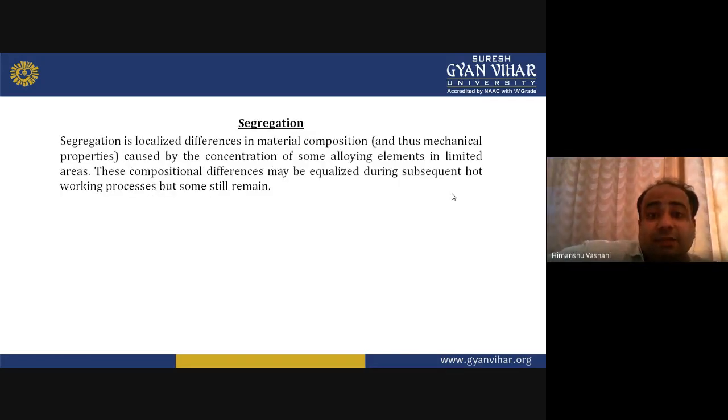Now segregation. Segregation is also one of the important topics to understand. Segregation is localized differences in material composition and thus mechanical properties caused by the concentration of some alloying elements in limited areas.